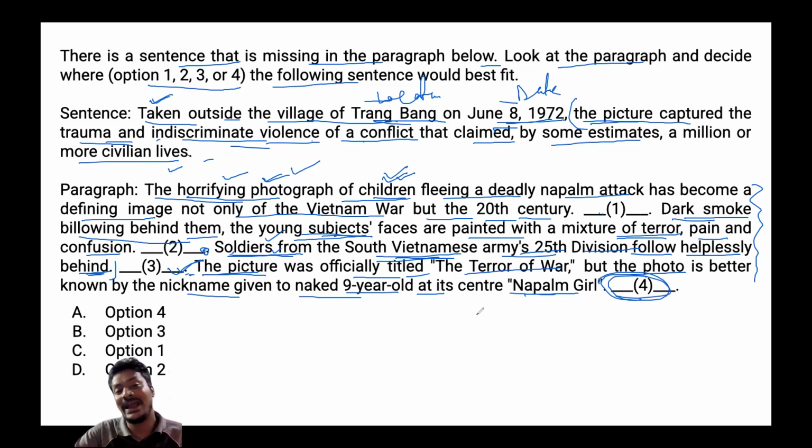So we have the sentence that says: the photograph was taken outside the village of Trang Bang on June 8, 1972. So what kind of a sentence is this? This sentence clearly tells nothing but the background details, background details, right or not?